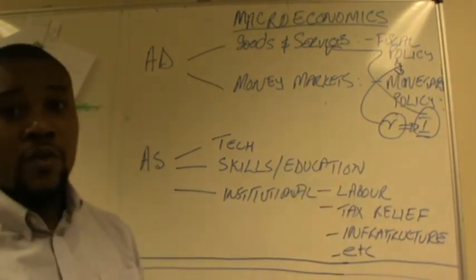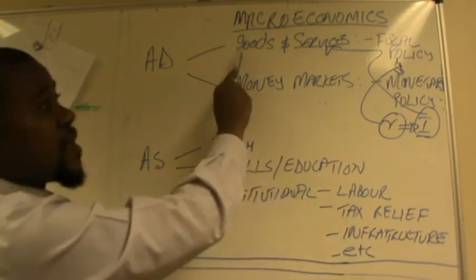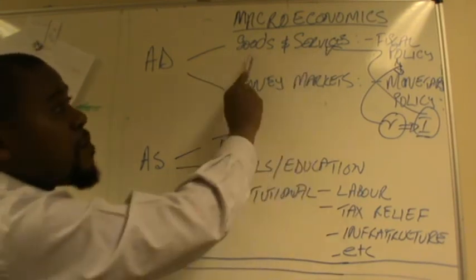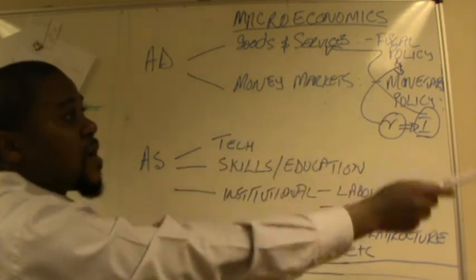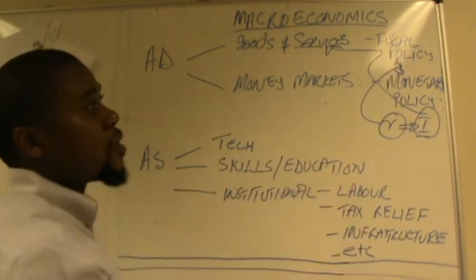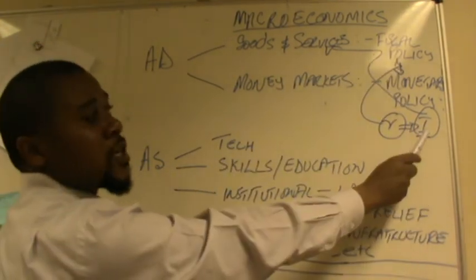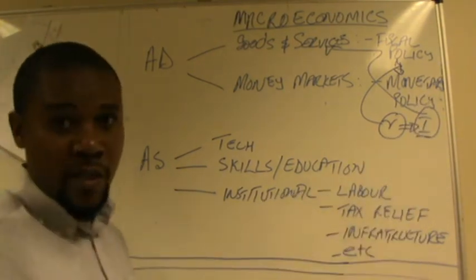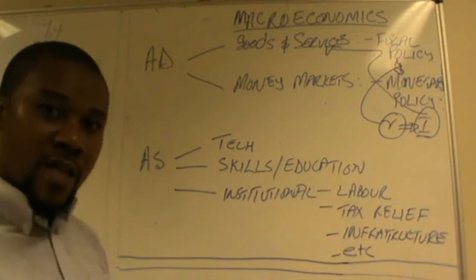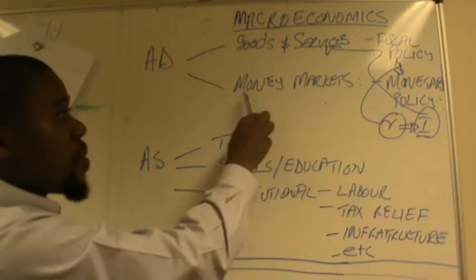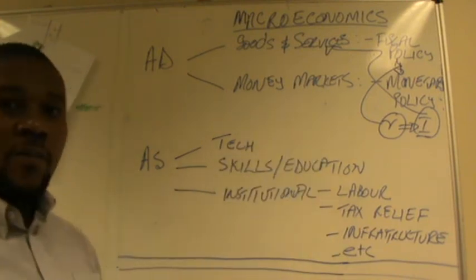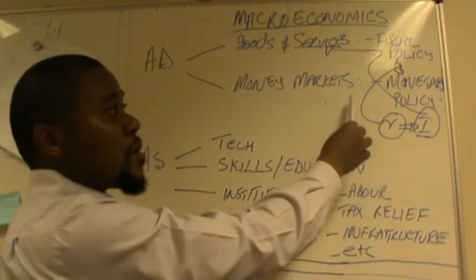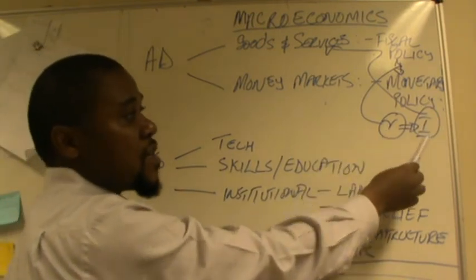So what we're going to do next is look at the goods market, develop a model for the goods and services market, which will include fiscal policy as well as private investment and household consumption. Once we're done doing that, then we talk about money markets, the interest rates, and the relationship between interest rates and investment.